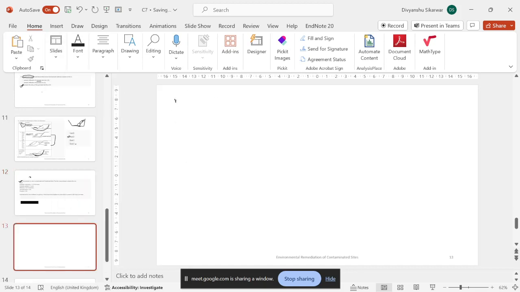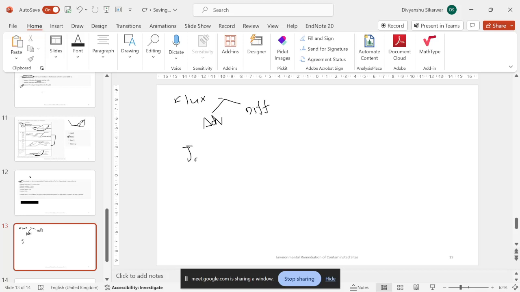So basically, for flux calculation, the movement of contaminants happens in two ways: advection and diffusion. So there will be a flux calculation for both.